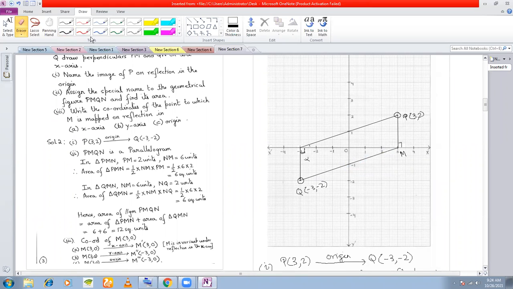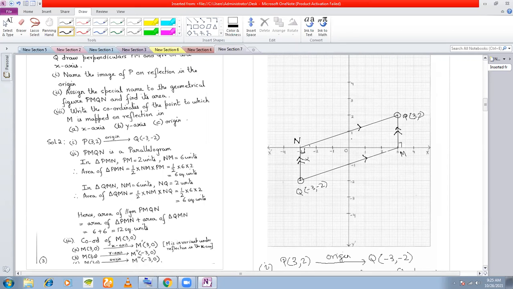And what you also see is that this is parallel to this, and this is parallel to this. Also, the opposite sides are not equal, right? This is your N. You see PN and QM are equal, and QN and PM are equal. Opposite sides equal, but adjacent sides are not equal.